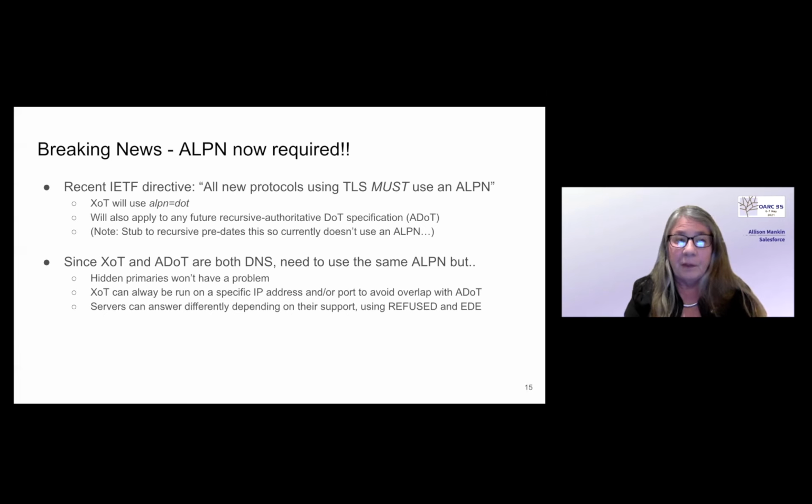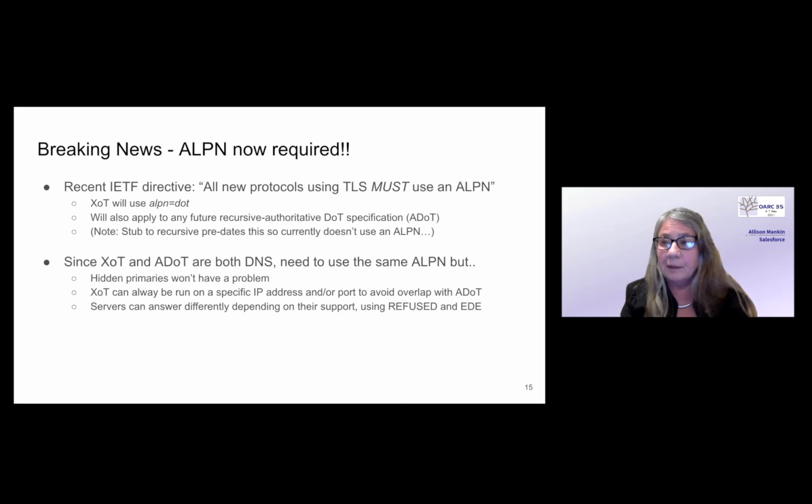The hidden primaries, which is often what you're using in the case of XFR, will not have that problem because they won't actually be serving DoT. They won't be serving queries. But you also have the option of running XoT on its own specific IP address or port, which is something that you can agree on in that transfer group, which gives you some flexibility as well.